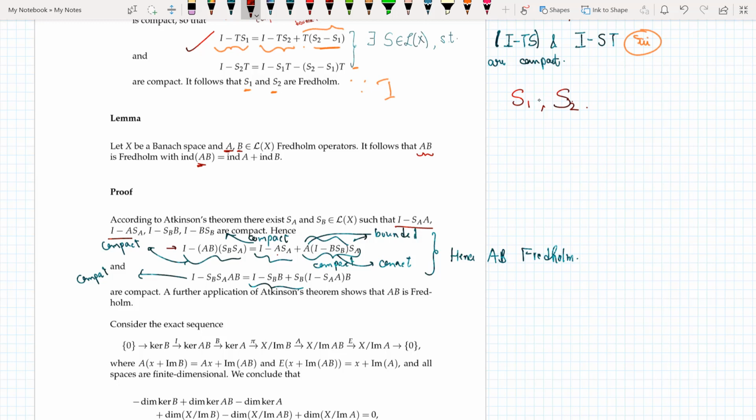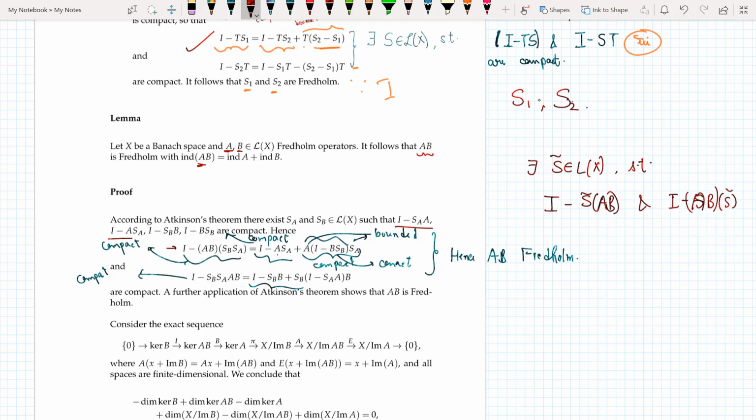So what did I do? I said that in order to prove that AB is Fredholm, I had to prove that there exists S belonging to Lx such that I minus SAB and I minus, let's call it S tilde, I minus AB S tilde are compact.